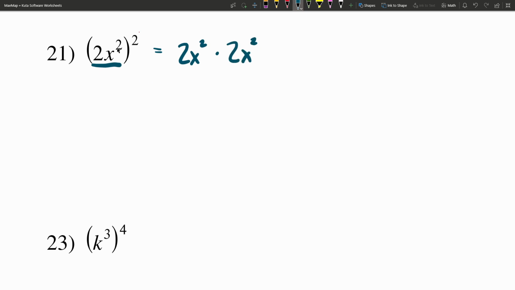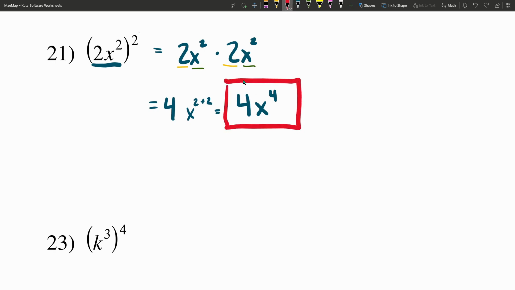That is 2x squared squared. So how would we combine this? Well, just like before. The coefficients, 2 times 2, that's going to give us 4. And then we can combine our x squared with our x squared because they are the same base. So that's going to be x to the 2 plus 2, or x to the fourth. So we're going to get 4x to the fourth as our solution in number 21.